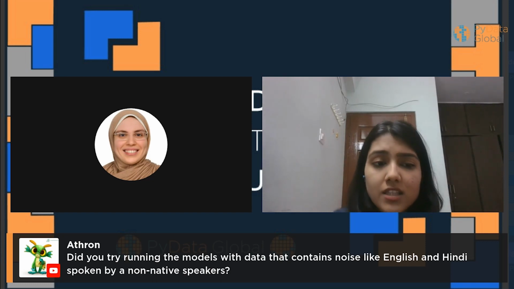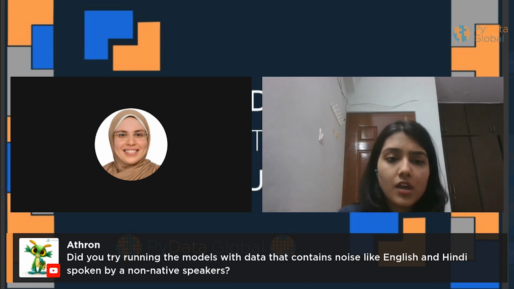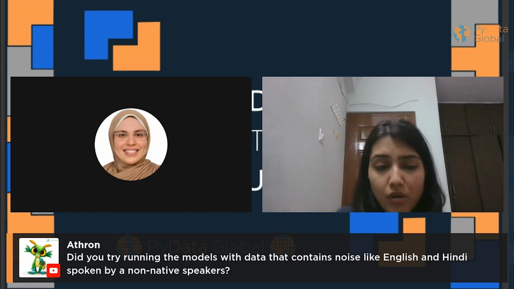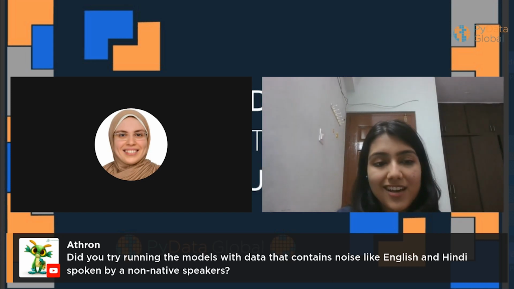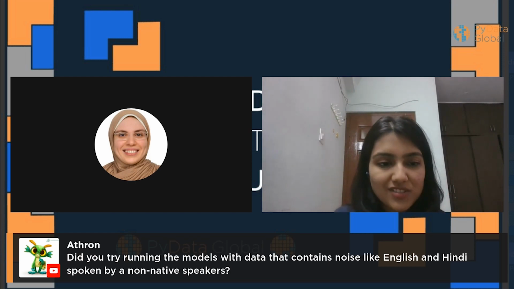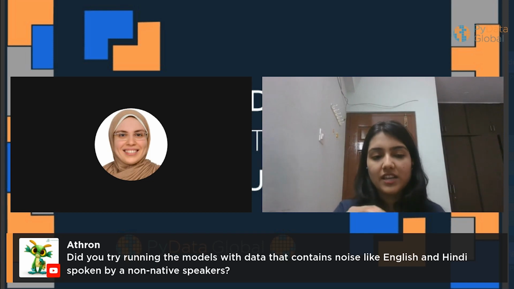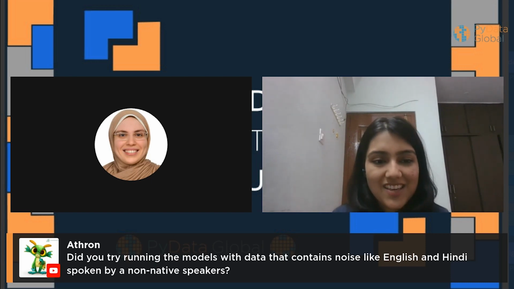Otherwise the feature extraction here would not be accurate at all. So you have to make sure while you're curating the data, though that's the most initial part, the data collection, but that is the most important part, because you need to make sure the data that you're ingesting in the model is right. Otherwise it would be garbage in, garbage out, right? So yeah.